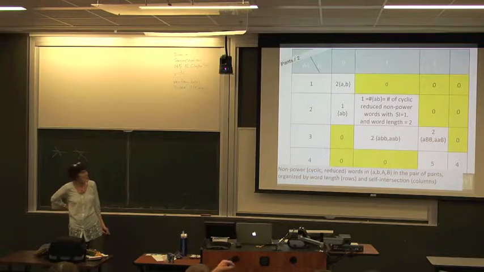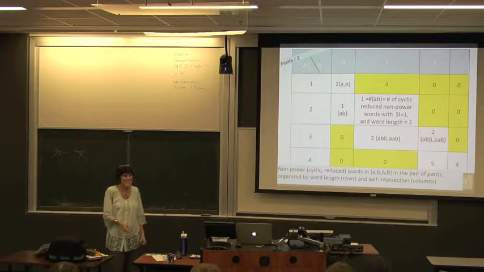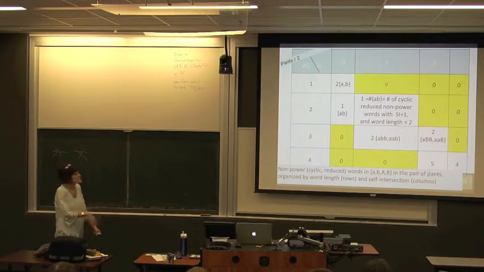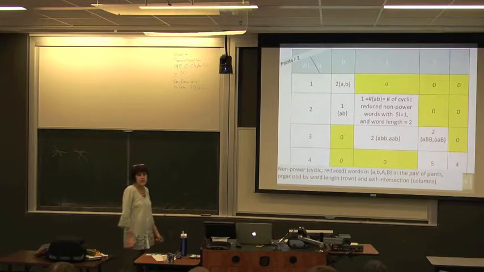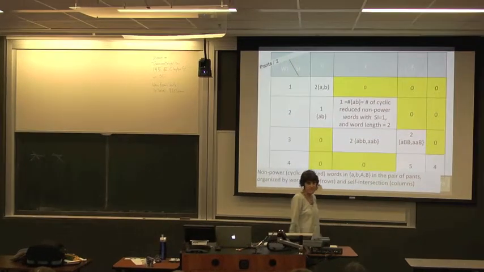Actually, those are not conjectures. Those I can prove. We know there are finitely many curves of self-intersection I for each I in the pair of pants.